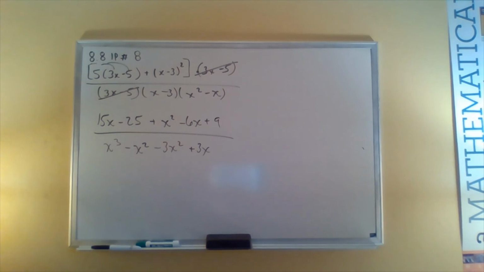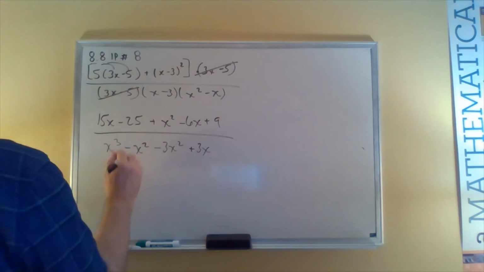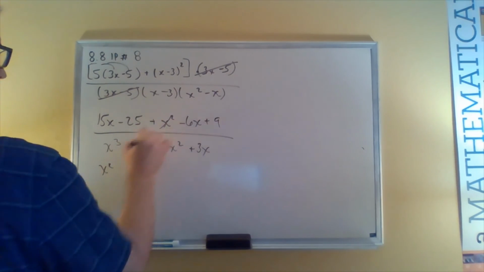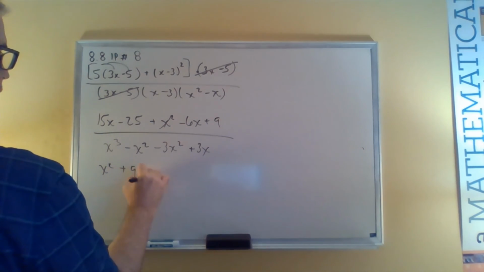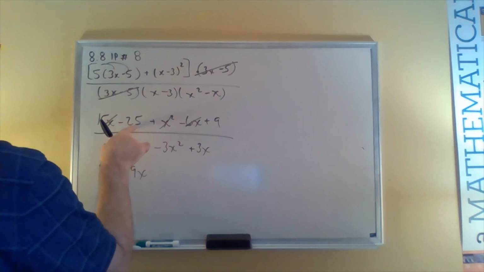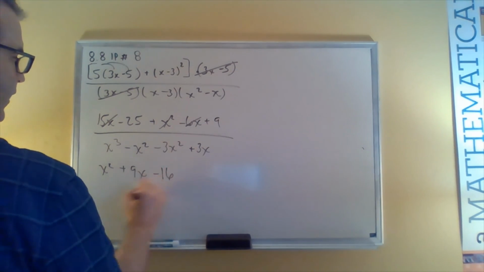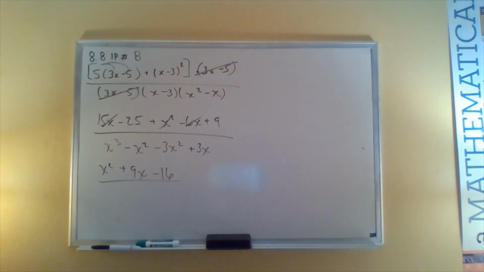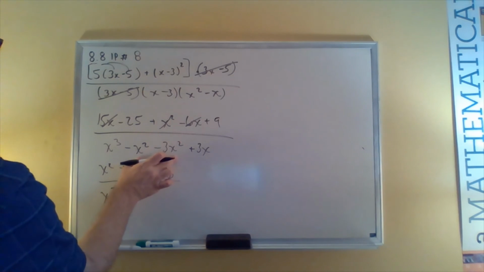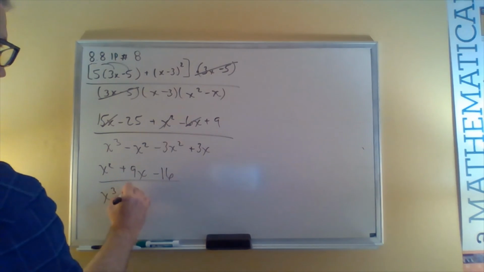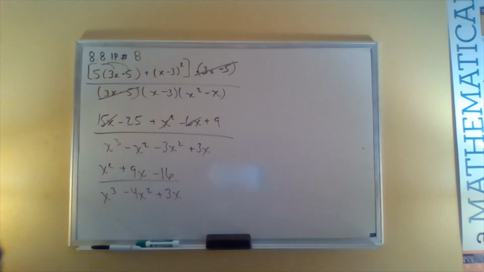Okay, let's simplify this a little more. Let's combine like terms on the top. My first is x squared, so we'll get rid of that one. 15x minus 6x, that is plus 9x. And finally, minus 25 and plus 9 is going to be minus 16. So there's my top. On the bottom, I'm going to have x cubed minus 4x squared plus 3x.